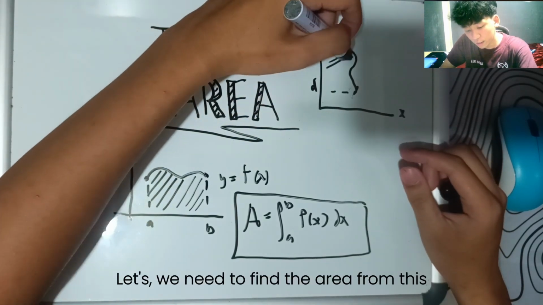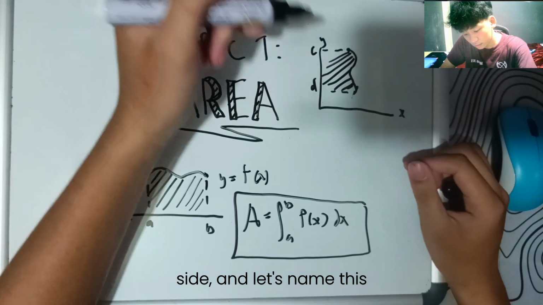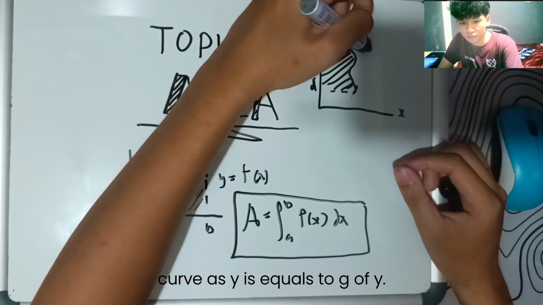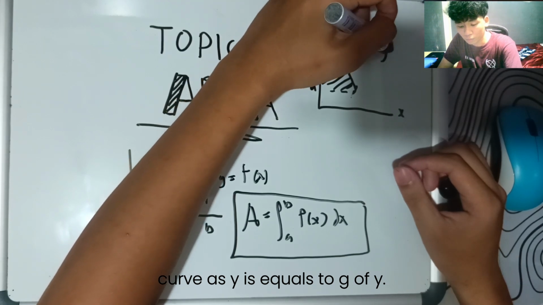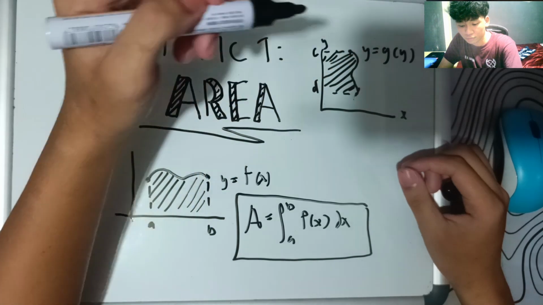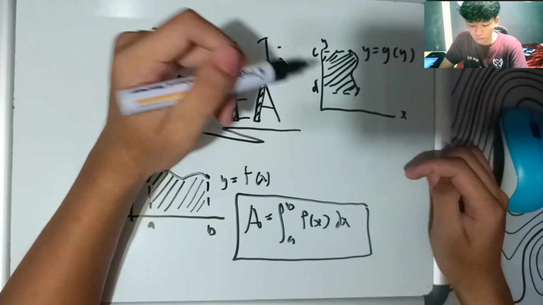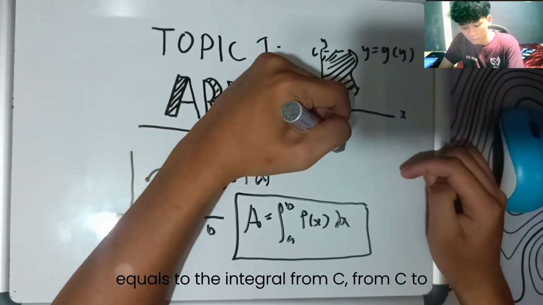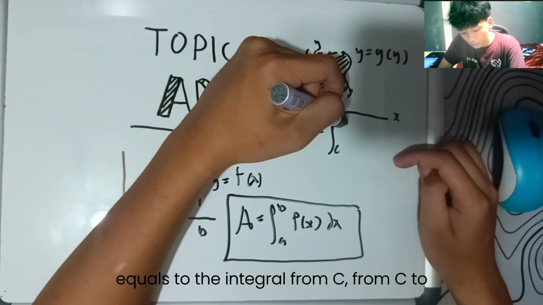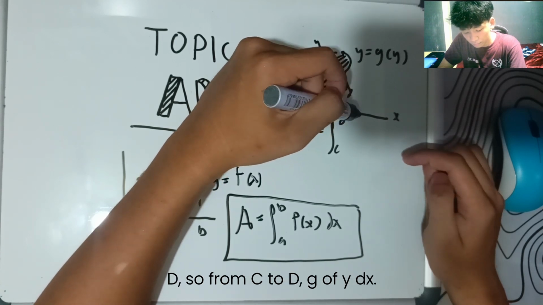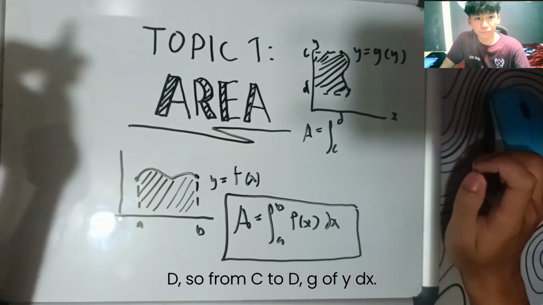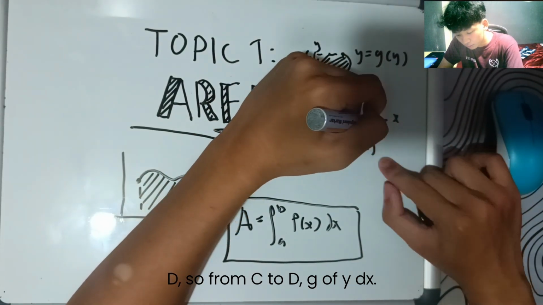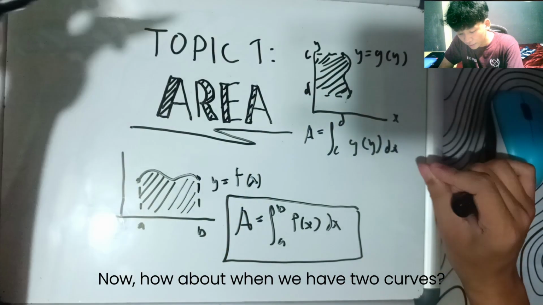We need to find the area from this side, and let's name this curve x equals g of y. So the formula for it is just A equals the integral from c to d of g(y) dy.